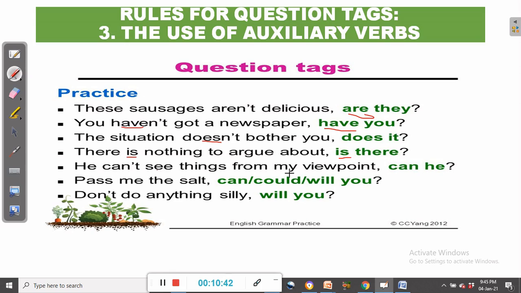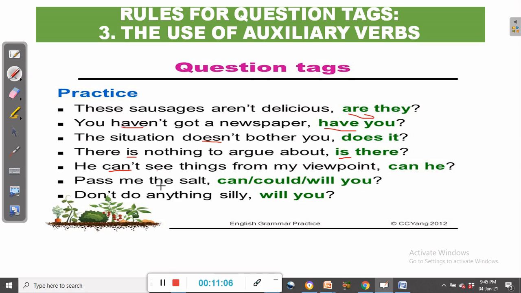He can't see things from my viewpoint. Can he? See, so can't is a modal auxiliary verb, and then the appropriate form of can is used here. We have can't in the main statement, and then we have can in the tag.